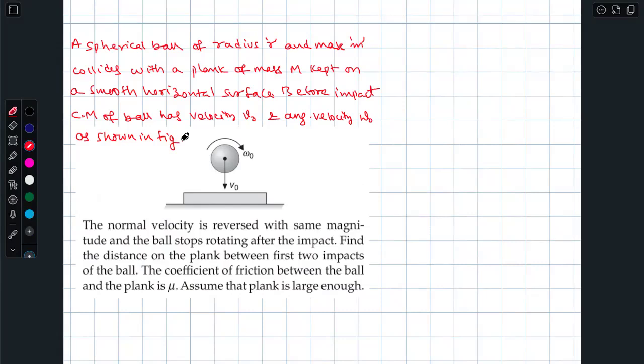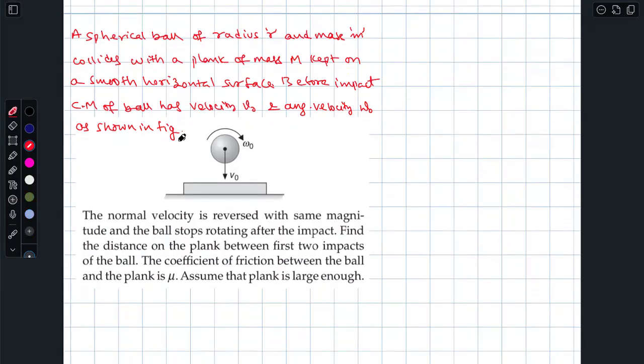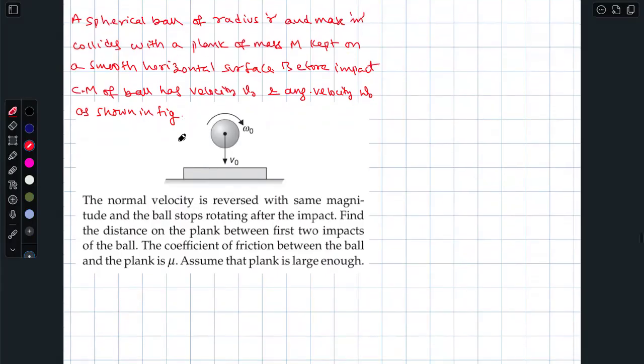Right. The normal velocity is reversed with the same magnitude and the ball starts rotating after impact. Find the distance of the plank between the first two impacts of the ball.